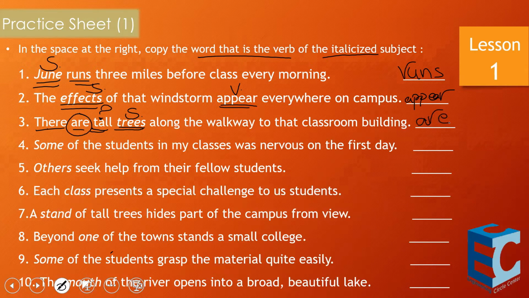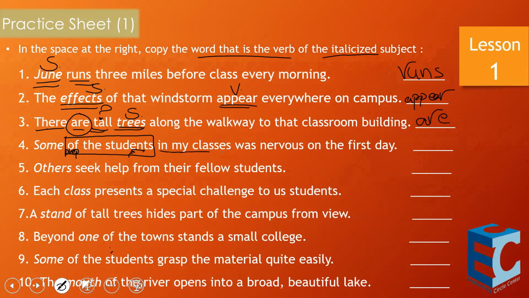All right. Some of the students in my classes was nervous on the first day. خلينا نسكر على حروف الجر وأسمائهم تمام عشان نقدر نطول السبجكت والverb الصح. Some of the students. قلنا of هي preposition. Students هي اسم للأب فرح أسكر عليهم وأعتبرهم مش موجودين بالجملة.